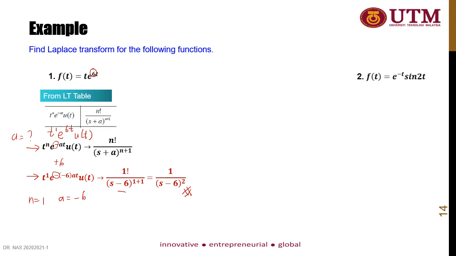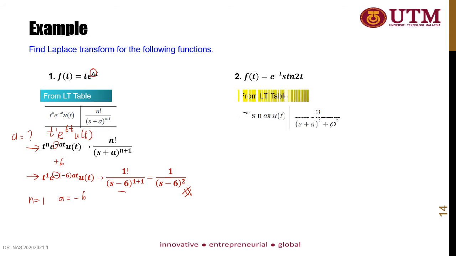Okay, let's look at another example. When you have f(t) equal to e to the minus t sine 2t, again refer to the Laplace transform table. This is the shape you have in the table, so you can compare the given equation with the one in the table.